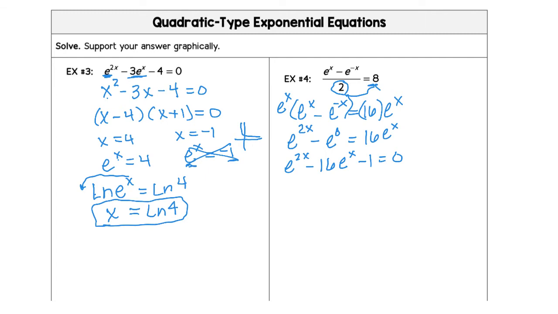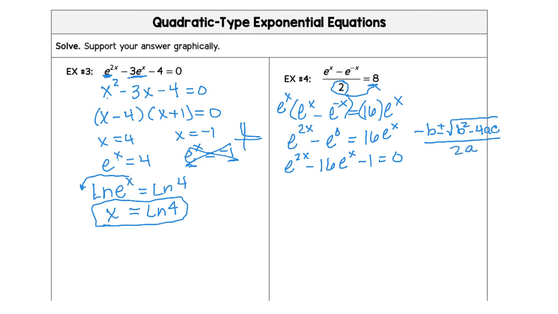So this won't factor. So what we can do is go through our quadratic formula, negative b plus or minus the square root, b squared minus 4ac, all over 2a.